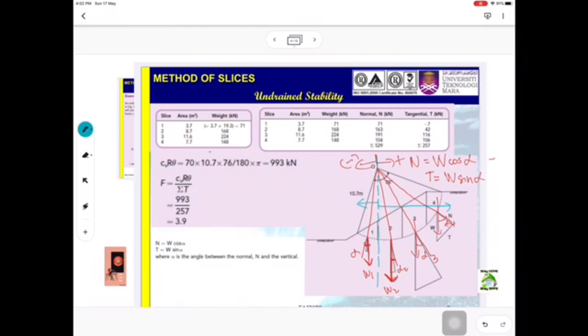As you can see here, why is T negative? Because it is W sine negative alpha 1. We have to determine alpha here.